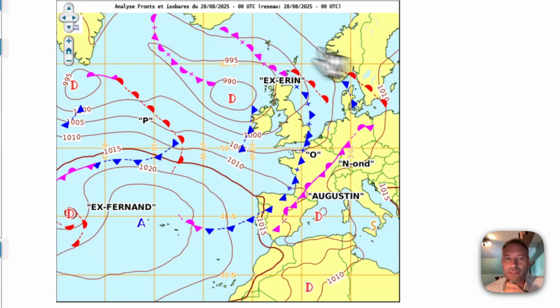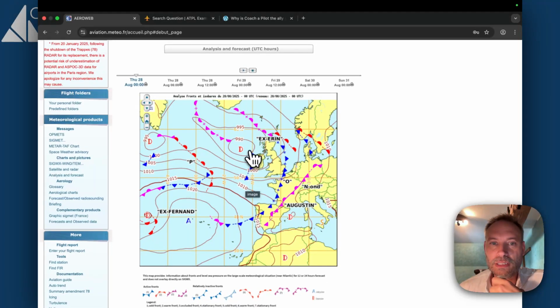And we notice that there are cold fronts associated to this one in particular. And there is also another cold front here that is coming from a secondary depression that was present yesterday, that is probably disappearing right now.